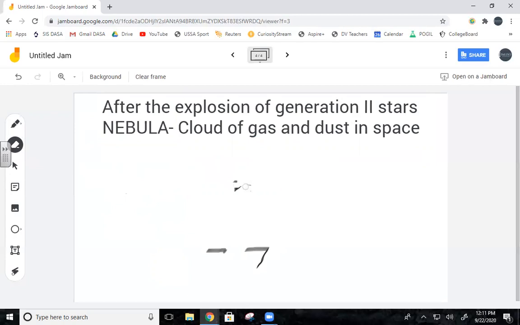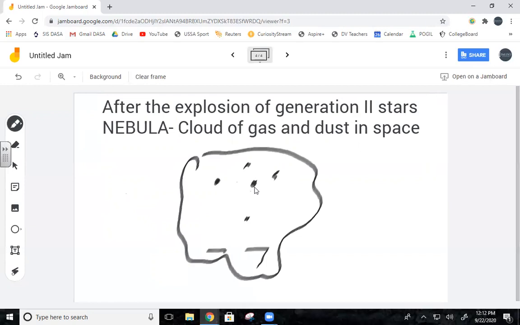In fact, I'm actually going to go over here and draw it a little bit. So we have a cloud of gas and dust in space. It's full of all this stuff. It's just a cloud. Nebula is actually the Latin word for cloud.